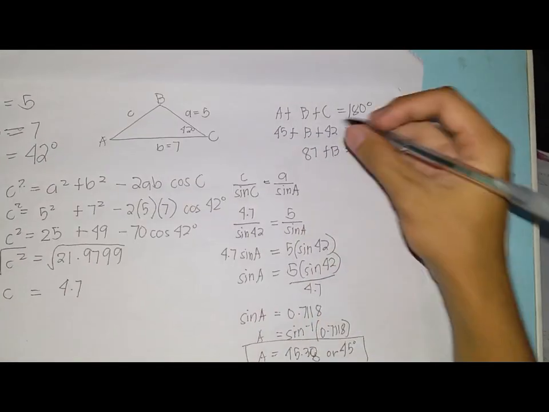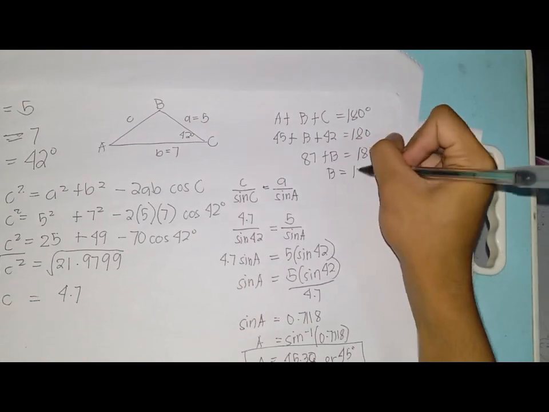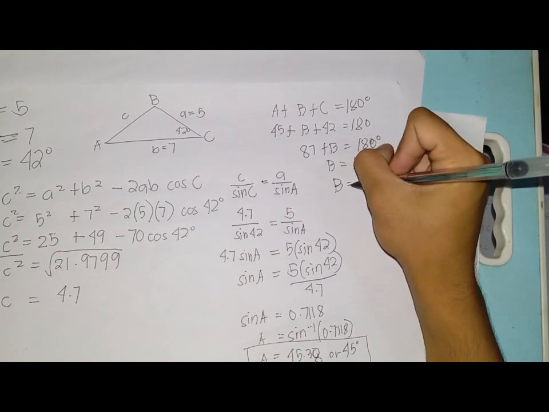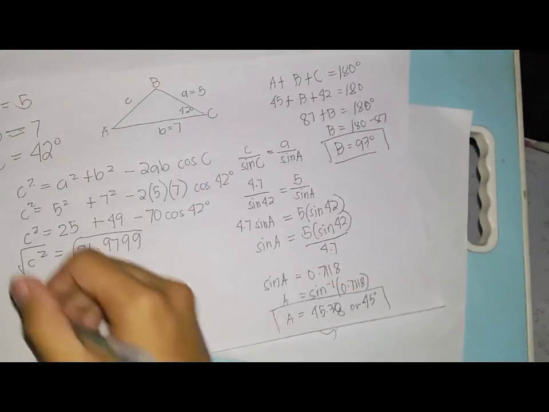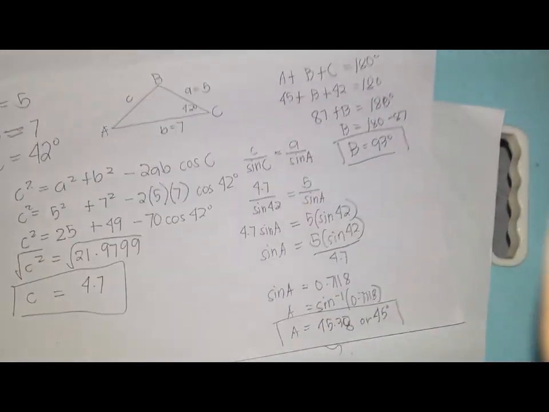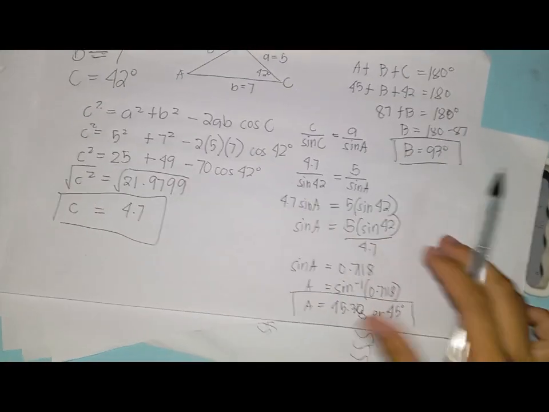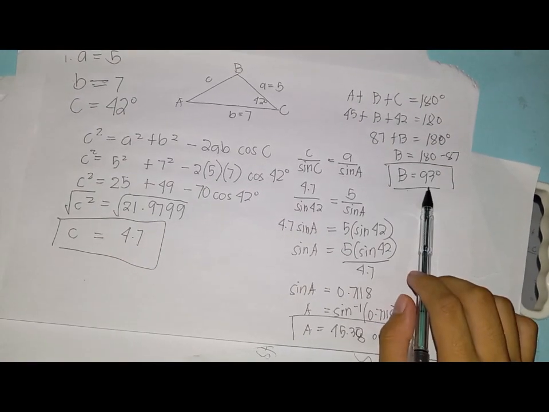So next is transfer 87 to the other side. B is equal to 180 minus 87. So we have 93 degrees. So we find C, the side C, 44.7. Next is the angle A, which is 45, and angle B, which is 93.